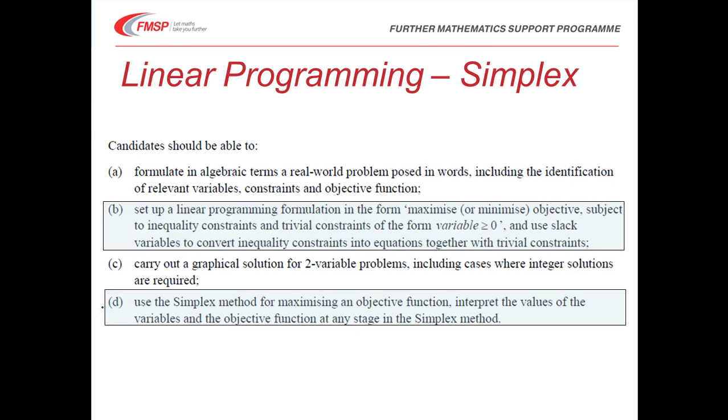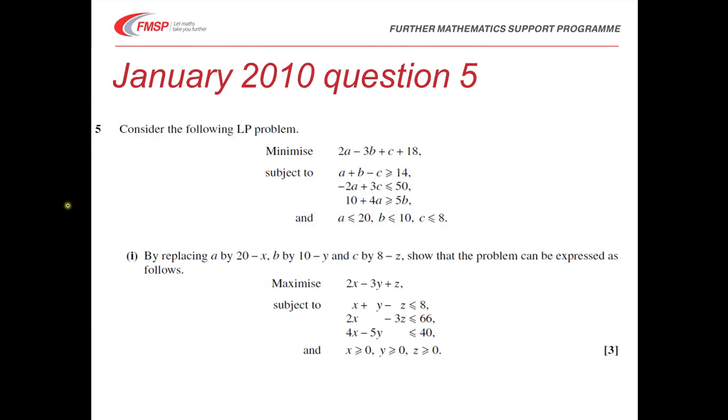So what we're going to do now is look at a question which will hopefully cover as many of those points as possible. So we'll start by looking at this question, which is a linear programming problem to minimize, and I'll mention that of course the simplex is purely a maximizing algorithm.